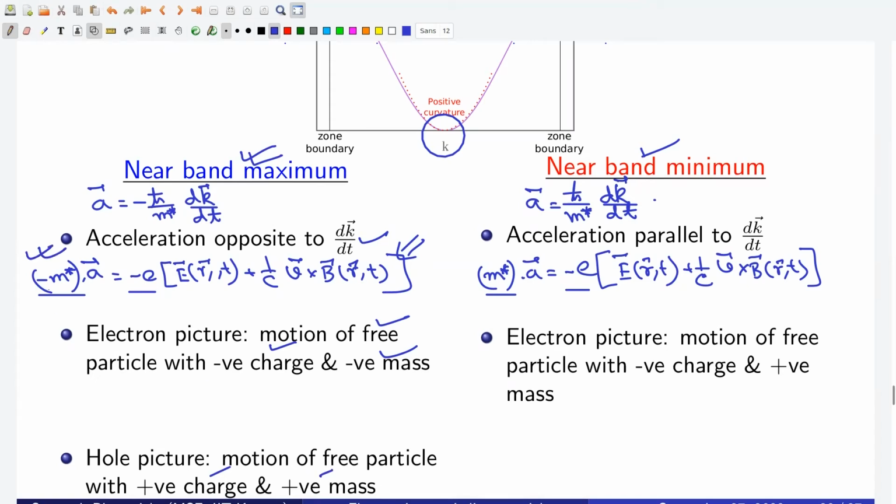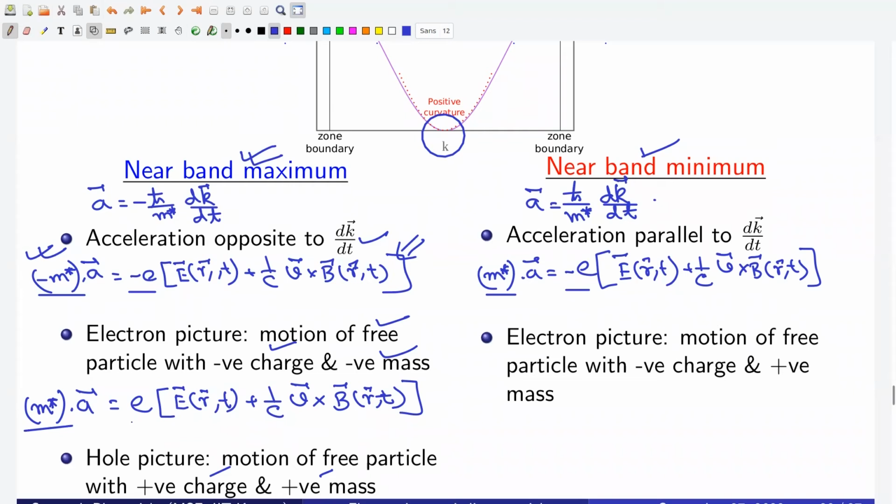From this equation, we can just cancel the negative sign from both the sides, and we can write it as mass times acceleration is equal to e times electric field plus 1 by c velocity cross the magnetic field. This is the motion of a free particle with positive charge and positive mass.